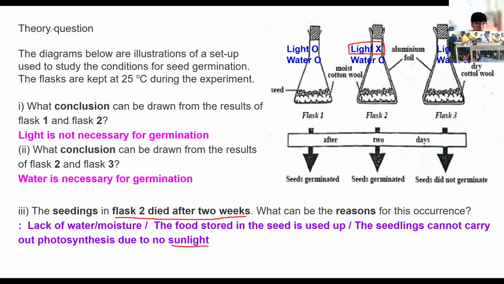So, this theory question was I think one of the most difficult ones we've looked at for BECE science. But you need to know what is being tested between two flasks and what the results tell you about that.